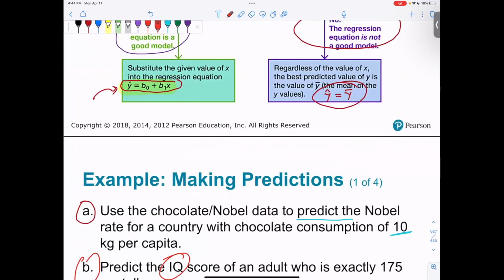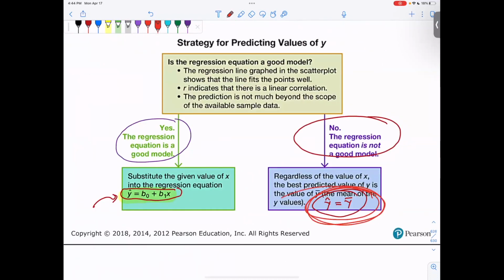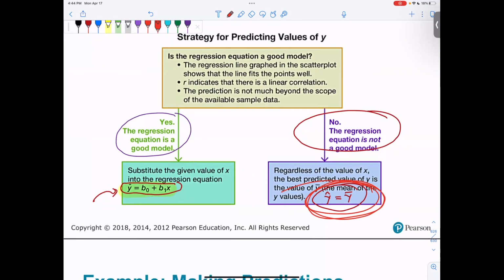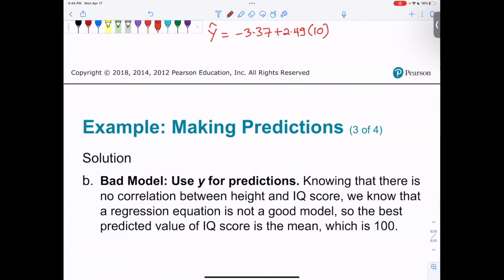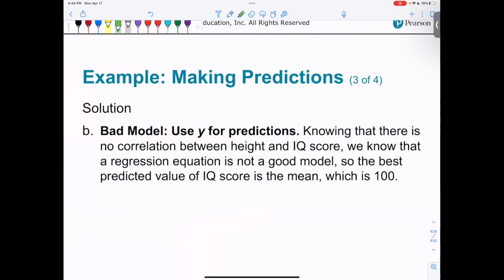Then the best, what? We will use y hat equal to y bar. Since this is a bad model, we cannot use y hat for prediction. Then we will use y hat equal to y bar.